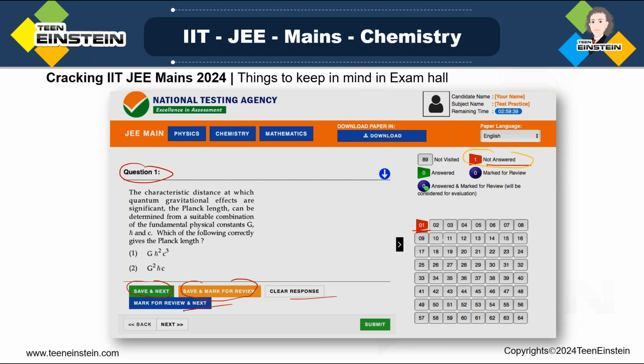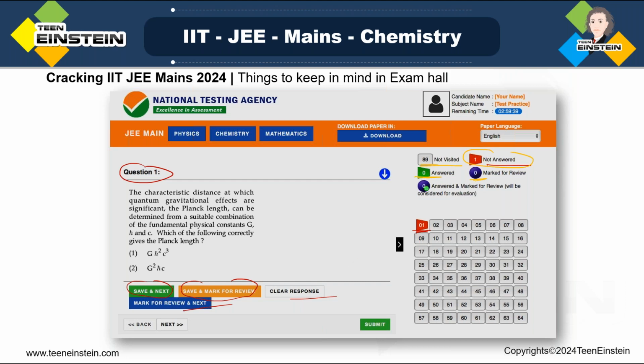Red means it is not answered. Suppose 89, the rest of the questions, are not yet visited, a total of 90 questions, so you are now at 1 and 89 are not visited. If you have already visited one, it will not be counted under this category. And 0 means answered.